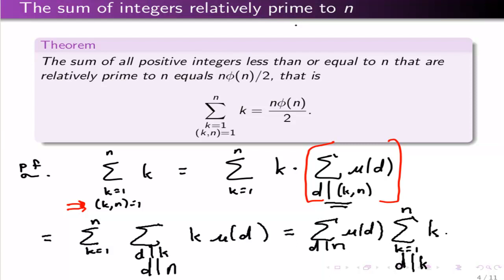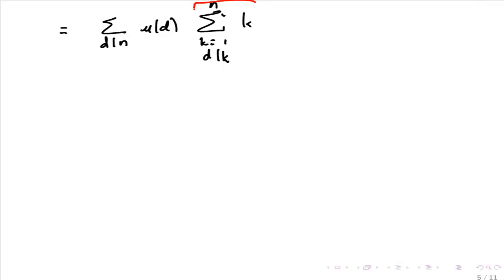Okay, so let's go ahead and write that down again. So we got equals sigma D divides N mu of D, sigma K equals 1 to N, D divides K, of K. Now what type of sum is this inner quantity here? Well, that's just one of these sums.